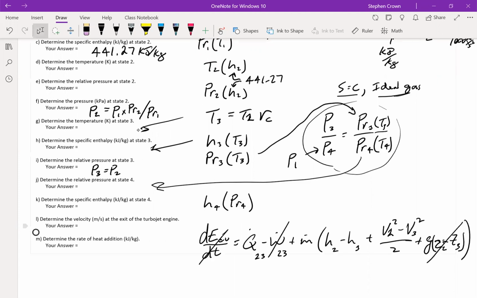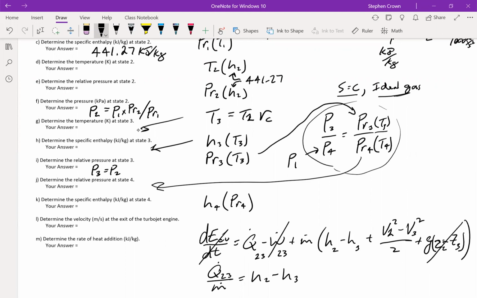And so we have Q23 divided by m dot would equal H2 minus H3. And we're also going to make an assumption that the velocity doesn't change in the heat exchanger.